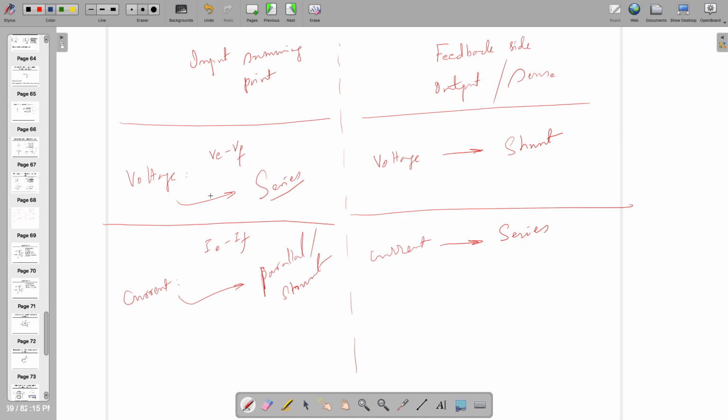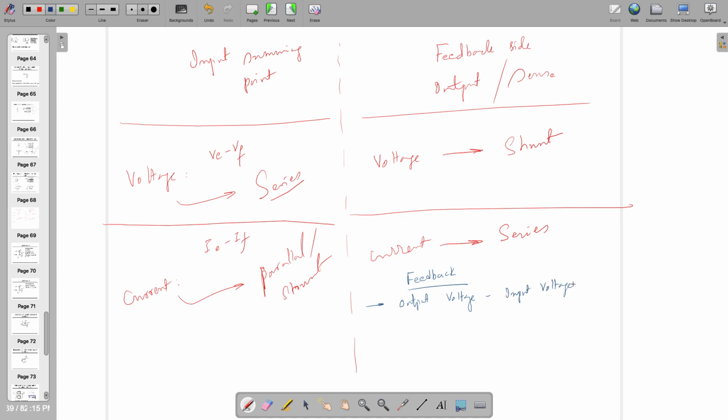Accordingly, when you are keeping the circuit in feedback, the name of the amplifier will be provided. Like if the input is voltage and the sensing output is also voltage, that is a particular class of amplifier in feedback. So in feedback you might have four possibilities. We are going to write it down from the output side. Output is voltage and input is voltage.